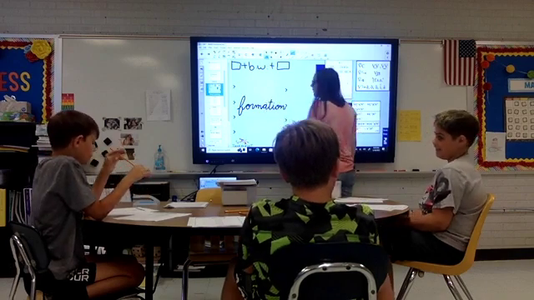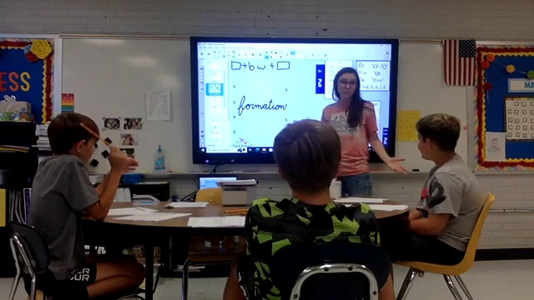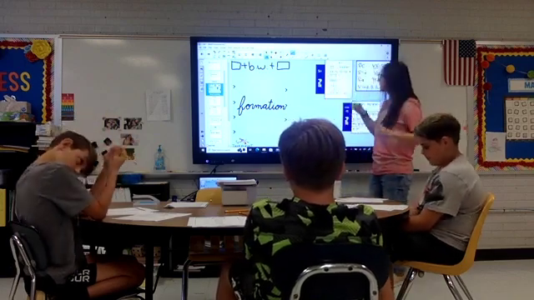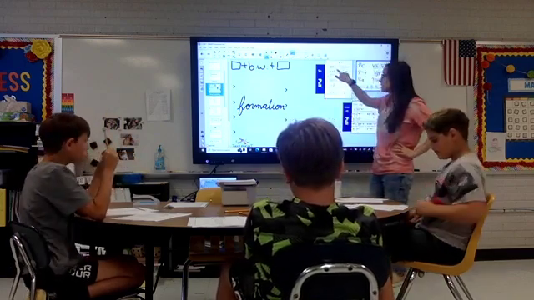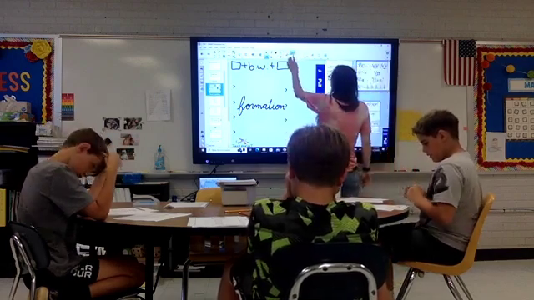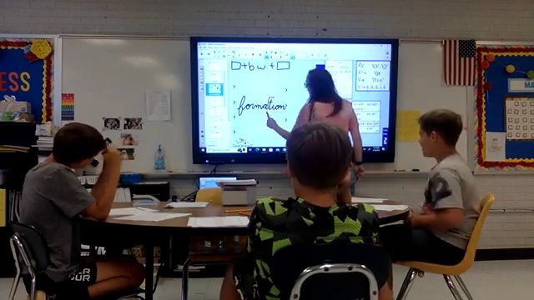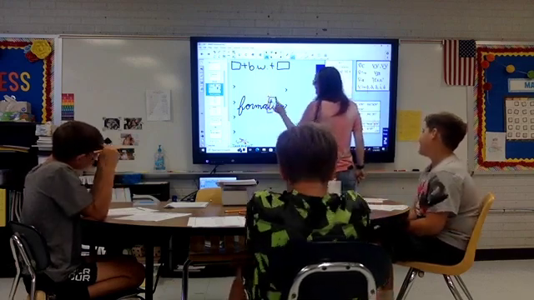I see several vowels in this word, so I've got to do my checks. Do I have any prefixes or suffixes or final stable syllables? Yes, T-I-O-N. I'm going to do it in a different color. Purple, okay, William? Okay. So I'm going to bracket the final stable syllable T-I-O-N and accent the syllable before it.